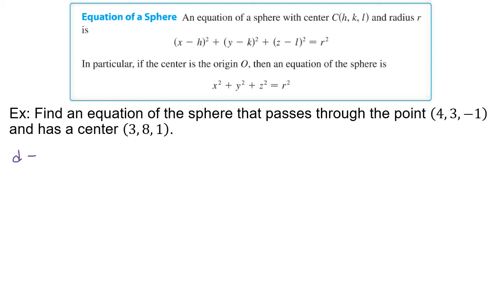So your distance would be the square root of, that was supposed to be a straight line again, but it's okay. I'm just going to do the 3 minus the 4 squared, subtract the x's, subtract the y's, 8 minus 3 squared, and 1 minus negative 1 squared.